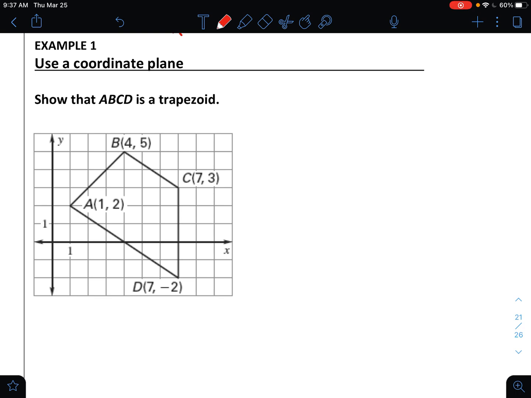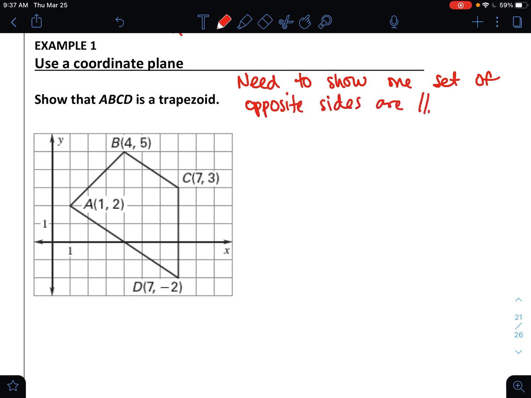So if I have a trapezoid, I need to show that one set of opposite sides are parallel. All right, I'm on a coordinate plane. So in order to show lines are parallel on a coordinate plane, I need slope. Okay, so I'm going to use slope.